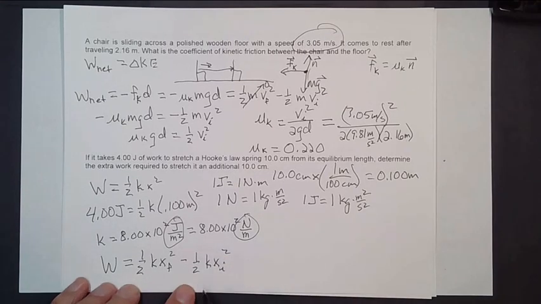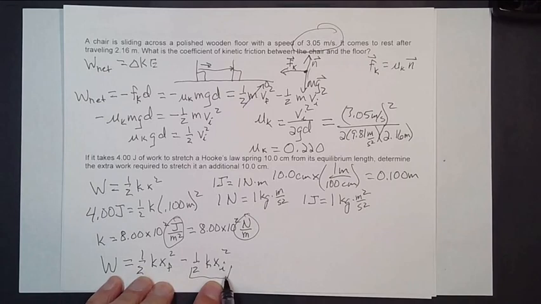Well, it turns out this 1/2 k x initial squared is the 4.00 joules.